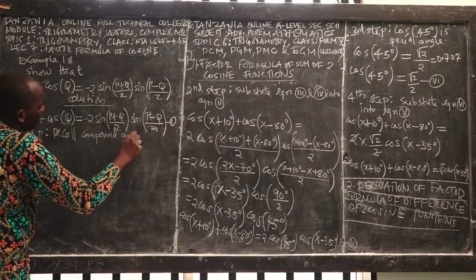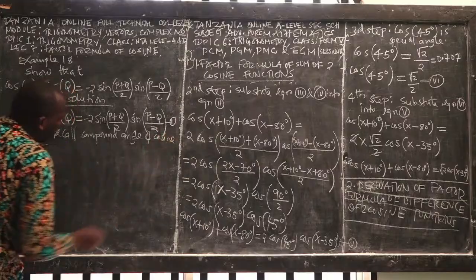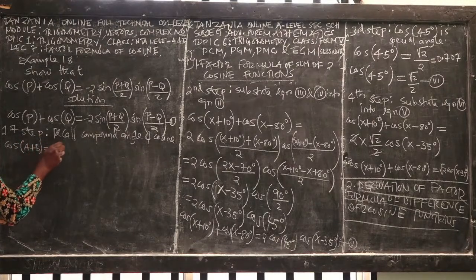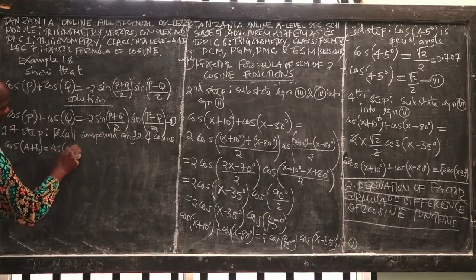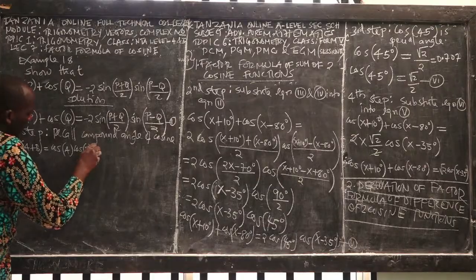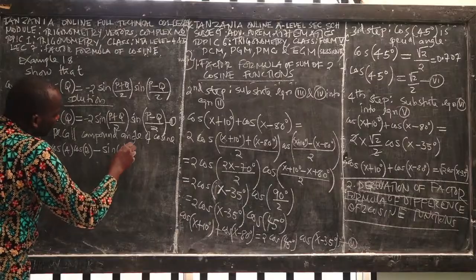Recall compounding angle of cosine. Cosine of A plus B is equal to what? Cosine of A, cosine of B, then minus sine of A, sine of B.